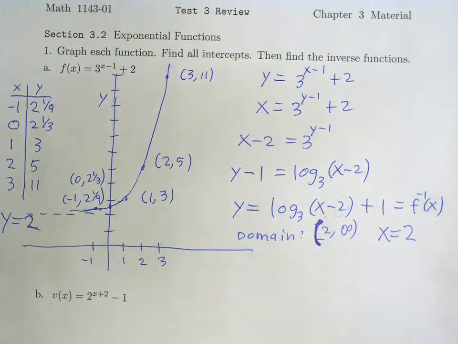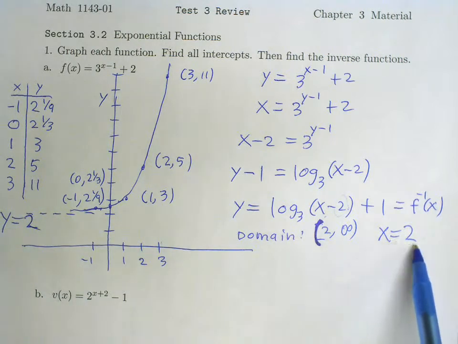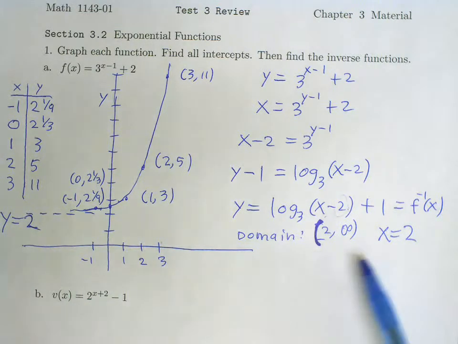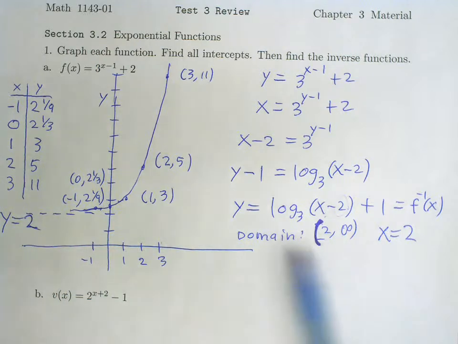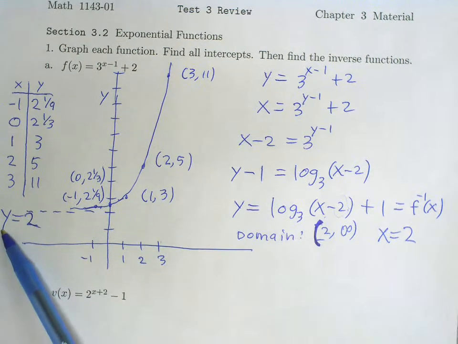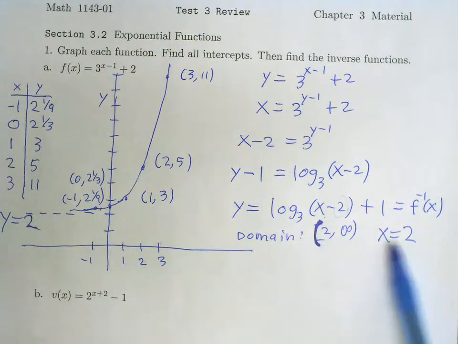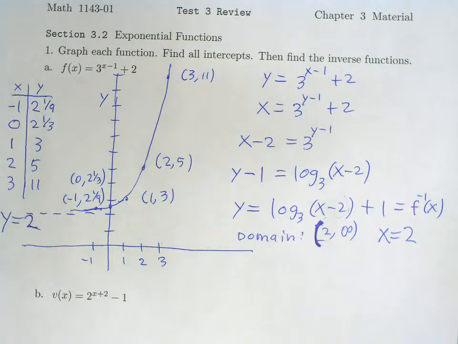So I just want to point out, if y equals 2 is a horizontal asymptote for the graph of a function, then x equals 2 is a vertical asymptote for its inverse. So it's consistent with the concept of interchanging x and y. If I replace this y with x, then I get an asymptote for the inverse. So that's a little detail that can be helpful to remember.